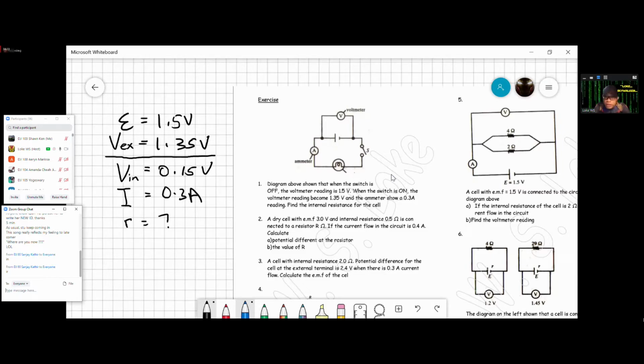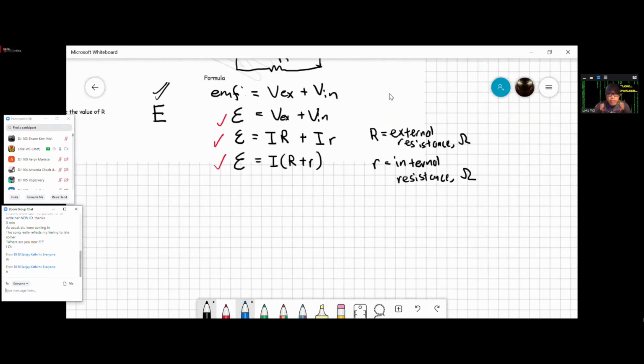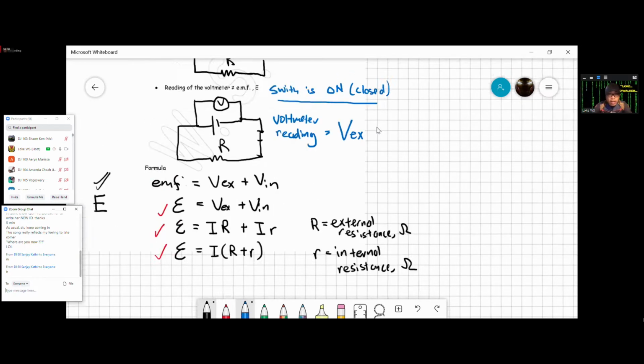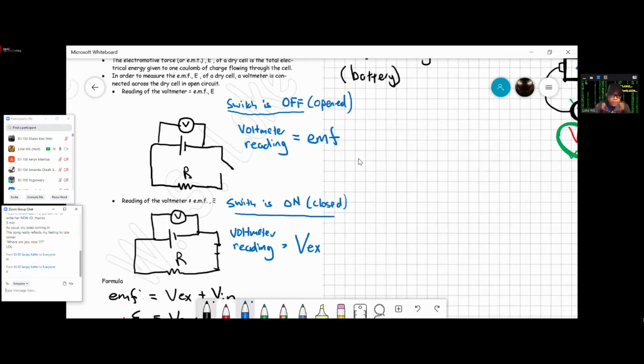Okay, someone asked, why 1.5 not internal? No, I think, wait. Something some of you never pay attention. Okay, luckily here. I already said, when the switch off is the EMF, switch on, external.